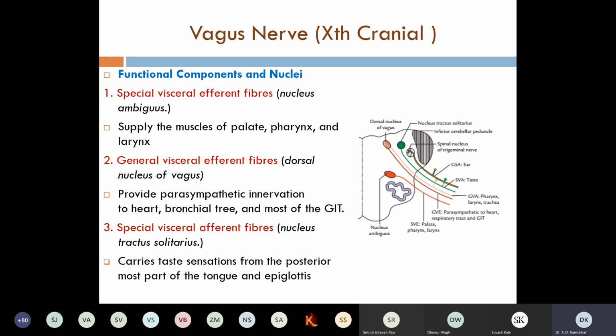So as I said, the muscles from the branchial apparatus, that is the muscles of the palate, pharynx, and larynx, are supplied by nerves coming from the special visceral efferent, that is the nucleus ambiguus. While those coming from the dorsal nucleus of vagus are parasympathetic fibers innervating the heart, the bronchial tree, and most of the GI part, that is up to the transverse colon.